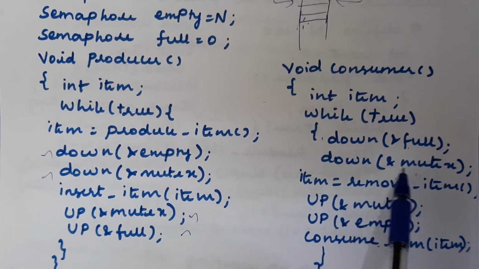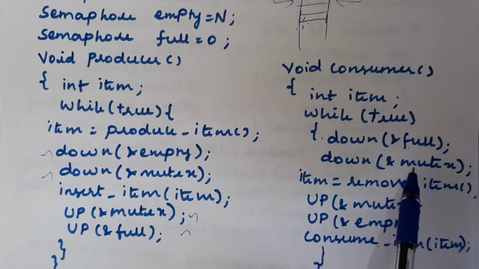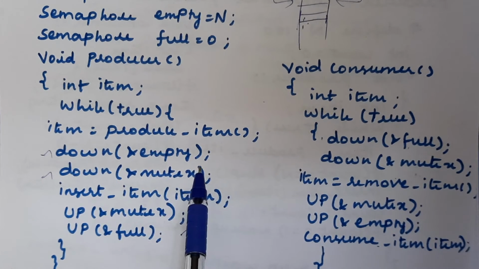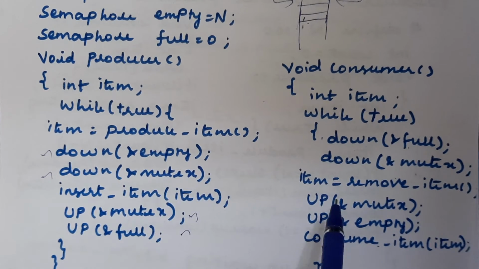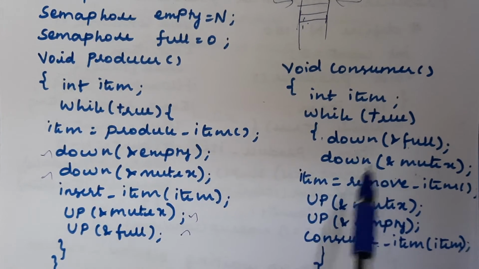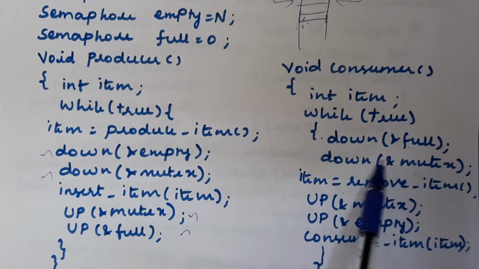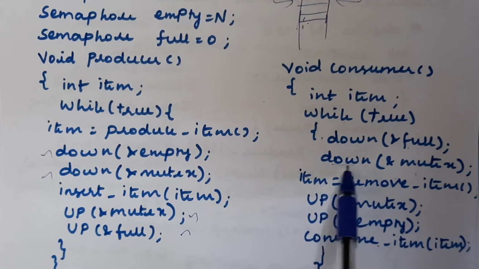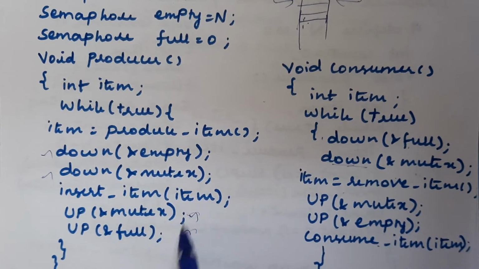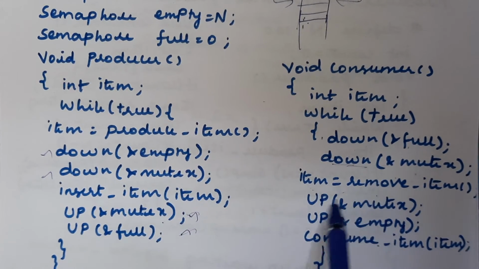The next one is down of mutex. Again, if the mutex value is 0, some other process is already accessing the common data, so this process should be blocked; we execute this down in order to put it to sleep. If that does not happen, then item equals remove item. After this, the producer may execute its set of operations, and then the consumer can remove the item and do up of mutex, up of empty.